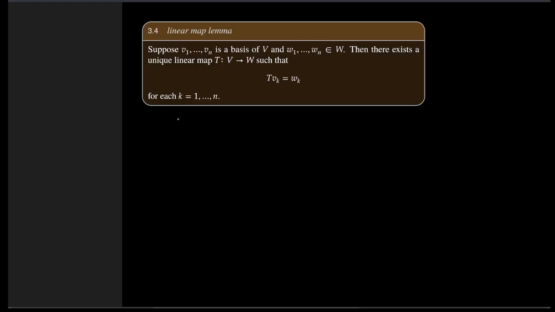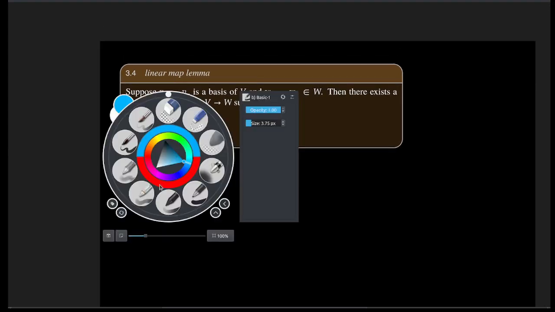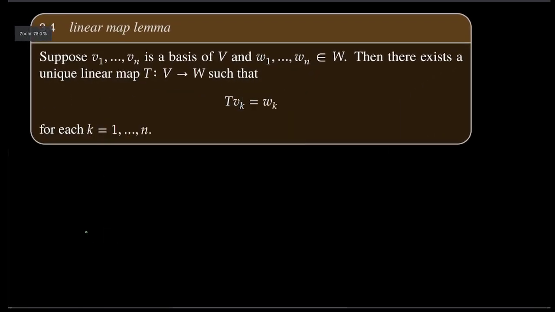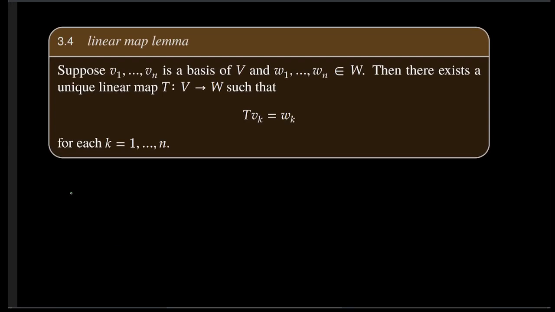Okay, so here's the basic reason, probably the most foundational reason why we care about linear maps. We'll summarize this in a result known as the linear map lemma, which says the following. If you've got a basis, v1 through vn, for a finite dimensional vector space V, here notice that this means V is finite dimensional, since we're assuming that it's got a basis.